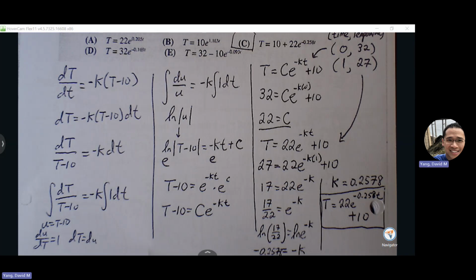I would still go through this whole process. But I think it's pretty unlikely that you're going to see something like this. If it was just dT over dt equals negative kT, then yes, I can skip it. But with that T minus 10, I think it's just safer to go through the full separation of variables and solving it.